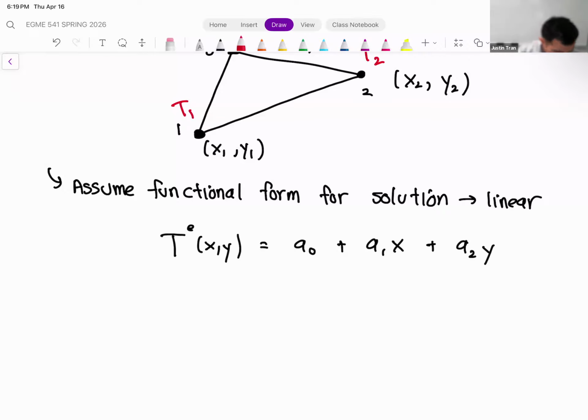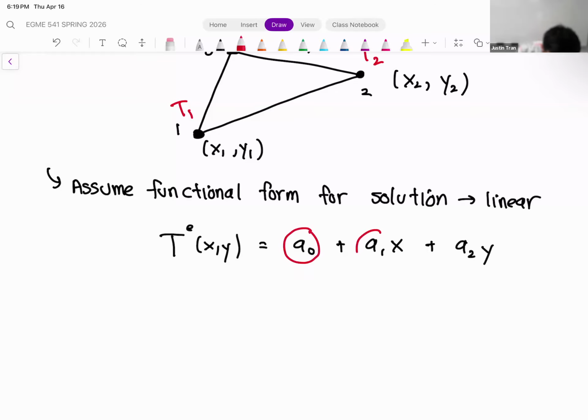So the first thing we're going to do is solve for the values of these coefficients. A0, a1, a2 are unknown coefficients. The way that we're going to solve for them is the same way that we did in 1D to enforce solution continuity: we're going to enforce that the nodal solutions are satisfied by our assumed solution.